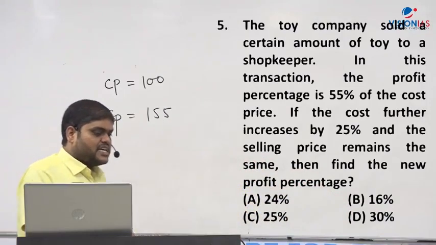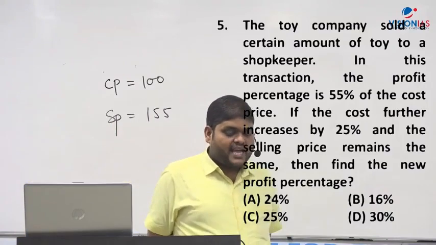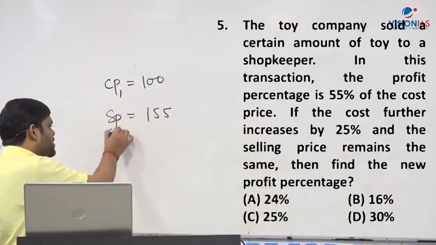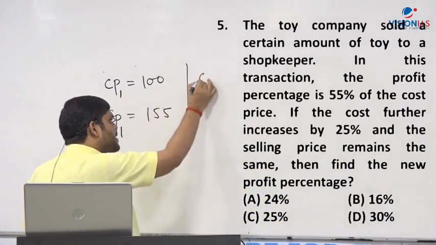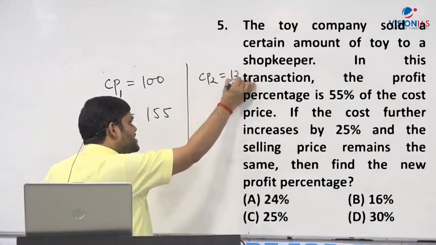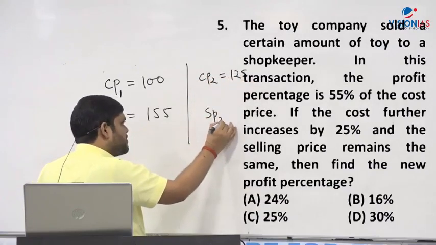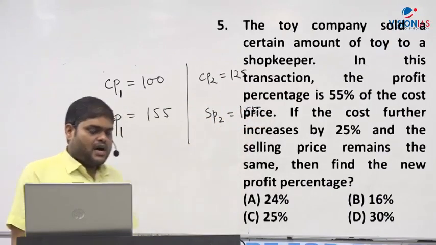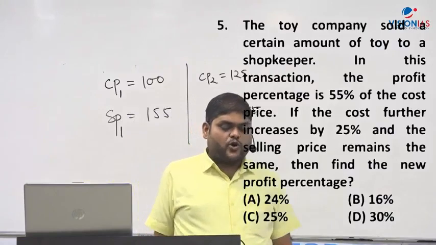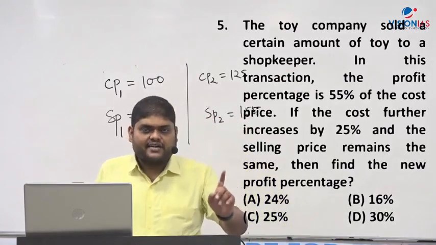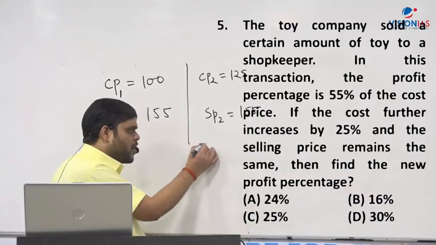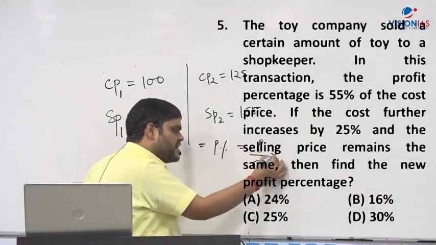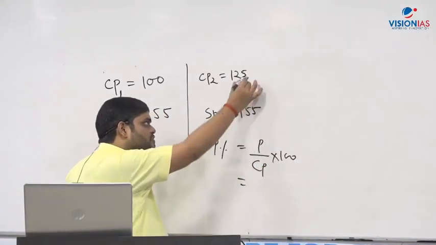Now the second case: if the cost further increases by 25%. So this was CP1, SP1. Now the new CP will be 125 and SP will remain the same. Now the question is, find the new profit percent, and we know that profit percent is equal to profit upon CP into 100. And what is profit here?